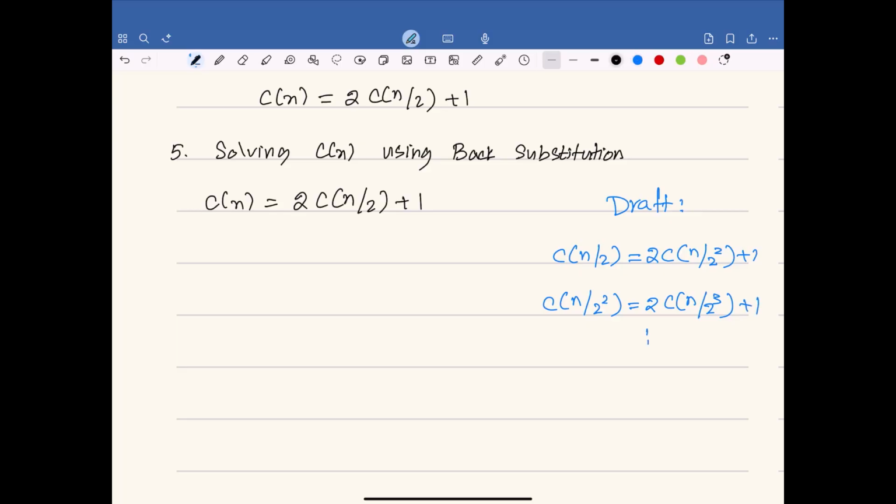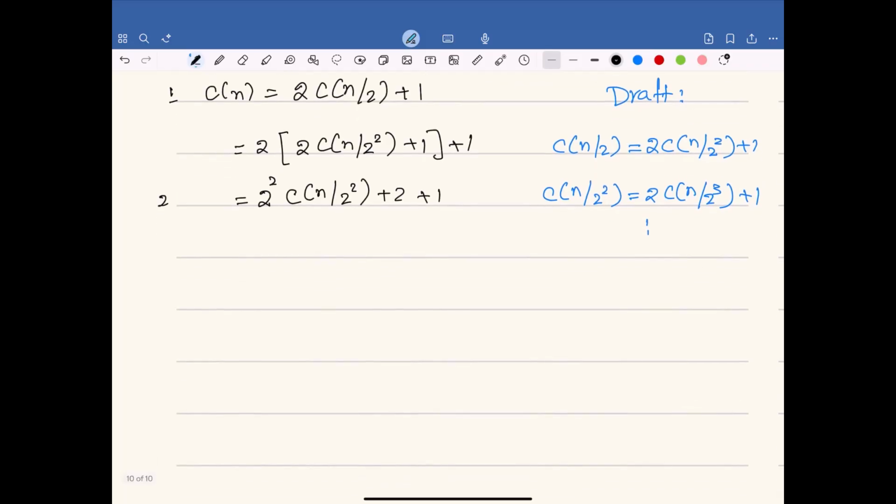So let us start the substitution. In the first substitution, we substitute for C(n/2) by 2C(n/2^2) plus 1, plus 1. Simplifying the equation, we have 2^2 times C(n/2^2) plus 2 plus 1. And this is for step 2.